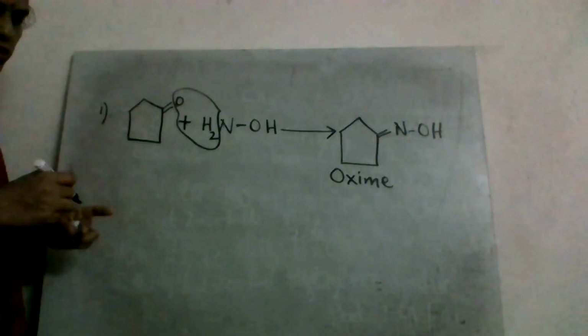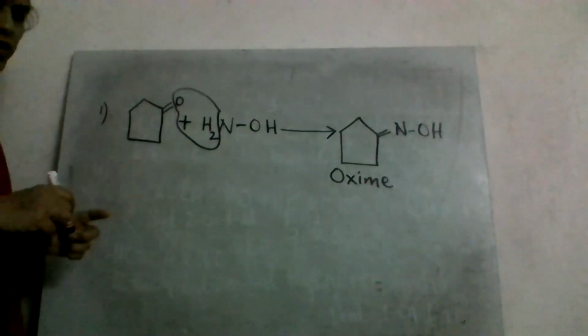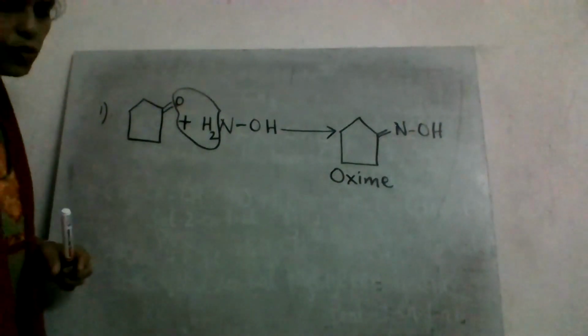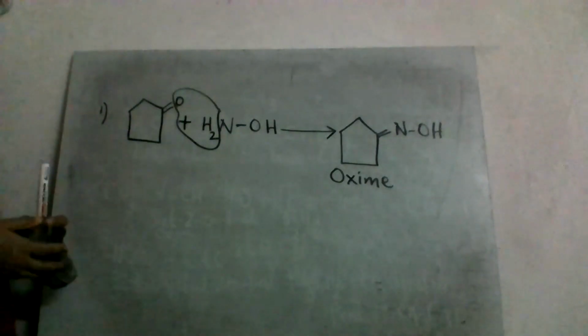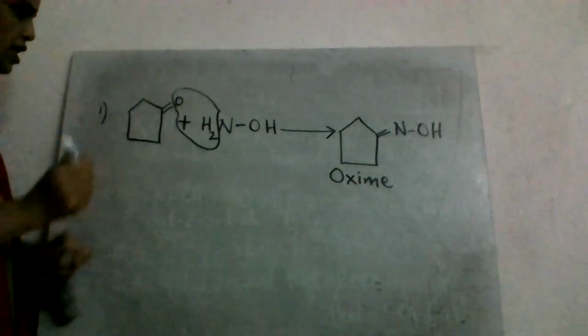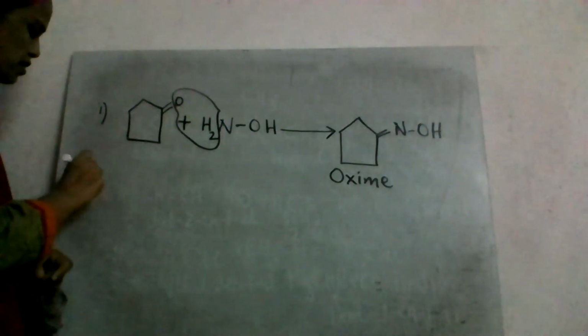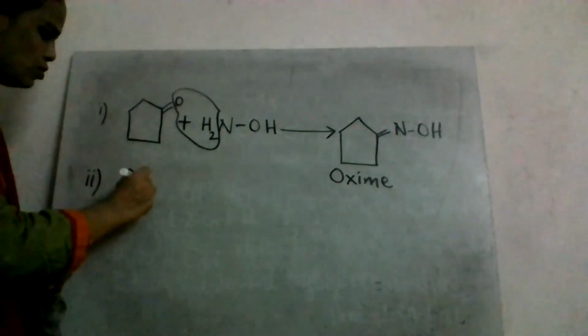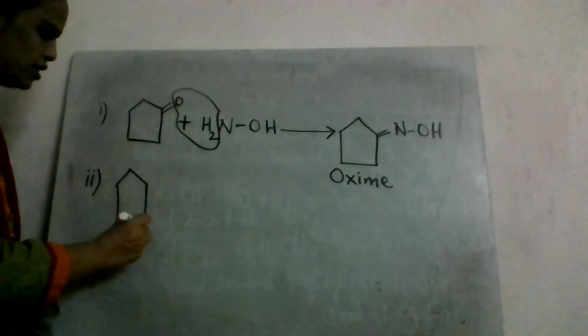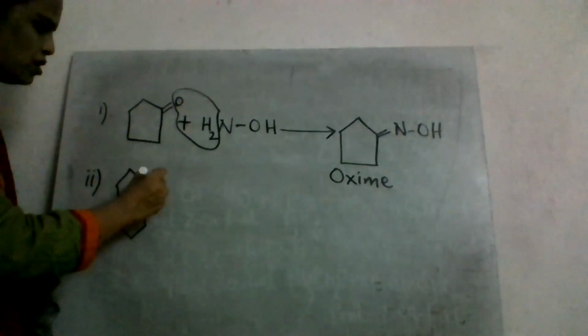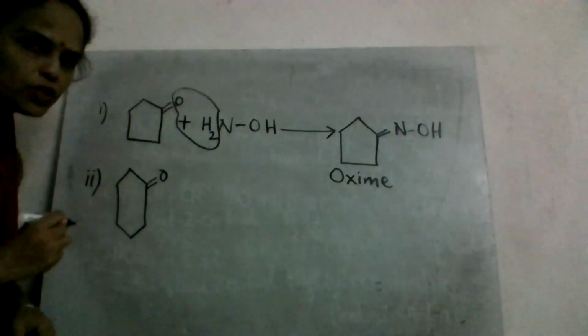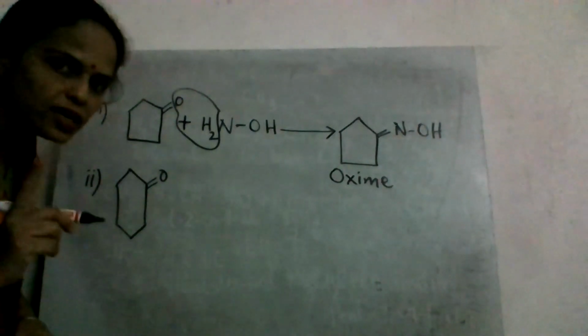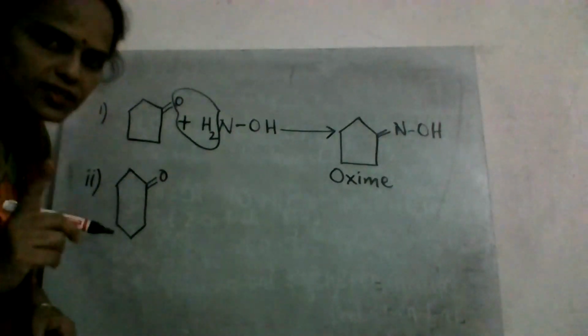Similarly, the second part of the question is given cyclohexanone. Cyclohexanone, when it is treated with 2,4-DNP. 2,4-DNP is 2,4-dinitrophenyl hydrazine.